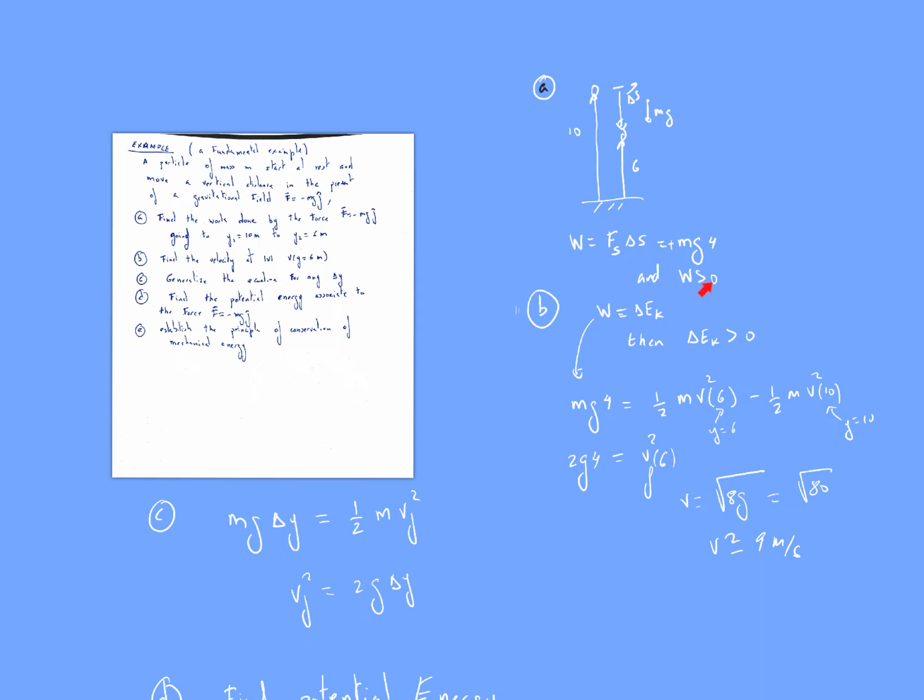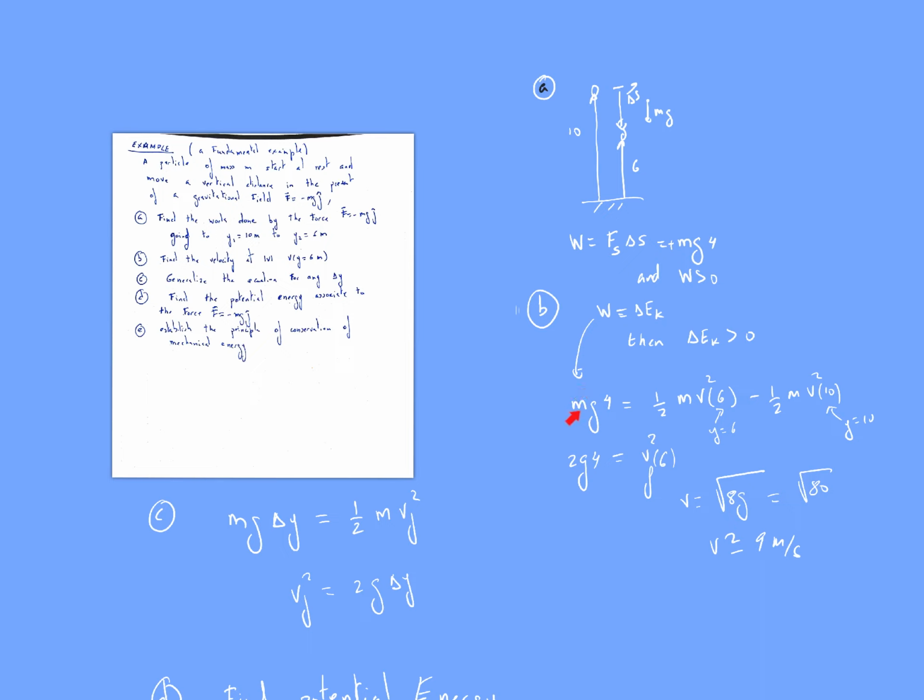So what is the work doing on the particle? The work changes the kinetic energy. If the work equals the change in the kinetic energy, it should be positive. So what is the work? The work is mg times 4. This is the amount of energy.